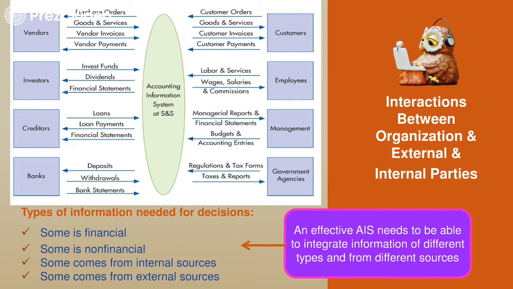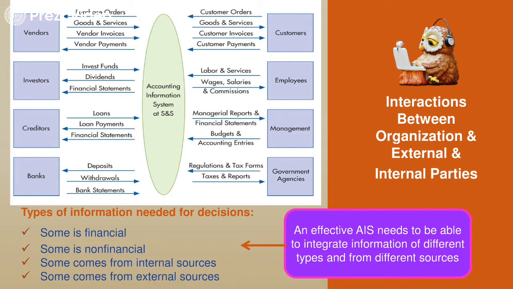Internal stakeholders include employees and management, and the external parties of the company include trading partners, customers and vendors. So there is interaction between the company and these parties, whether internal or external.